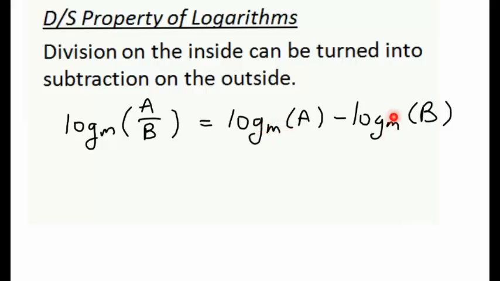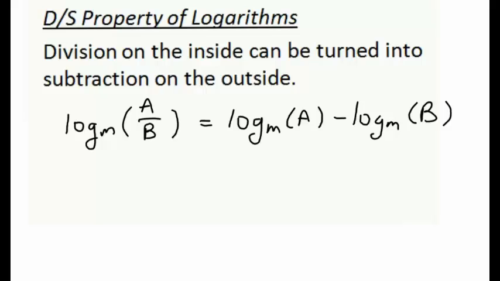Here the base is m, and on the inside of these logarithms are those two original expressions, capital A and capital B. Because we're dividing on the inside, this turns into subtraction of these two logarithms on the outside. Of course, this does work in the reverse direction as well. That is, if we start with two expressions that are subtracted and we have the same base, those expressions on the inside will turn into division of one single logarithm.